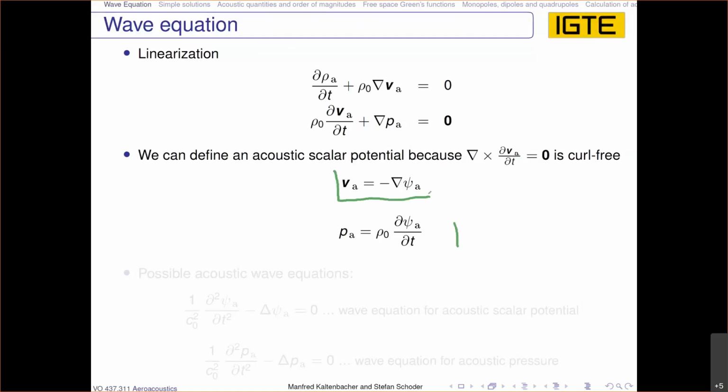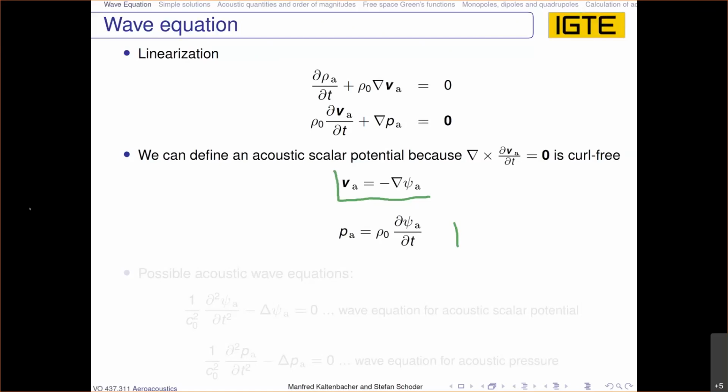It is an irrotational field, can be described by a scalar quantity, and therefore it is our goal to get a wave equation, for example, for the acoustic pressure or the acoustic particle velocity, because it's always easier when you solve a partial differential equation for a scalar than when you have to solve it for a vector or even tensor quantity. Okay, and how are you doing this?